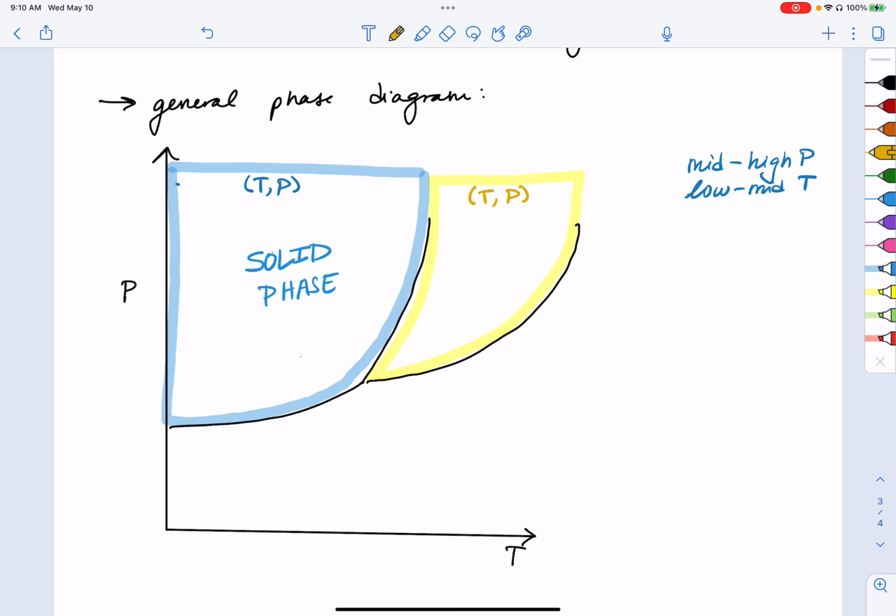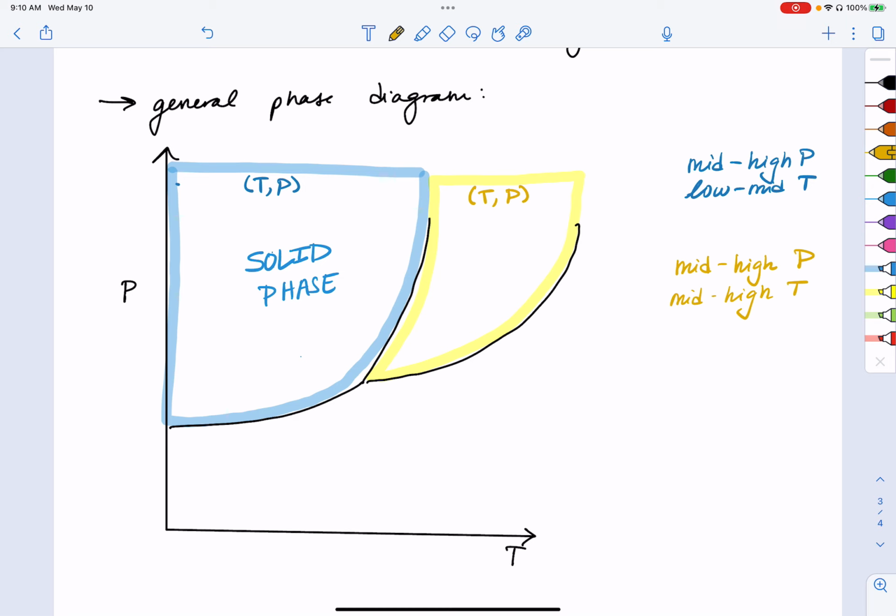If we look at the range of pressure and temperature, our pressures are still similar to that of our solids. So we've got mid to high pressures. But now let's look at our temperatures. Our region encompasses from here to here temperature-wise. So this is now mid to high temperatures.